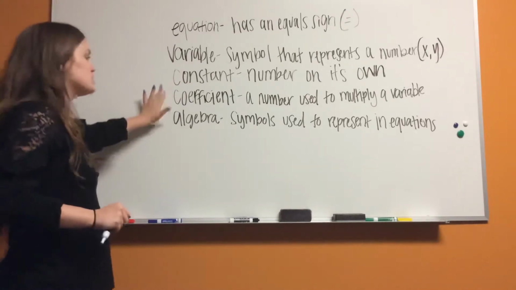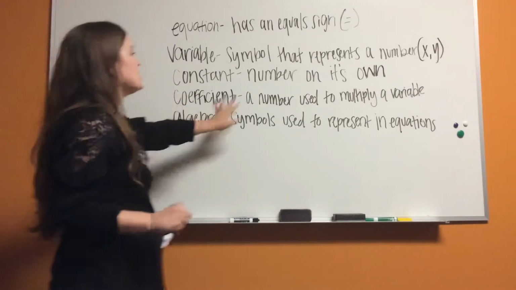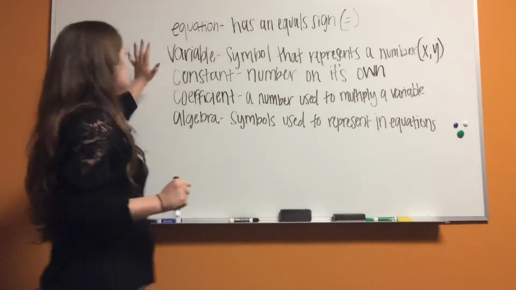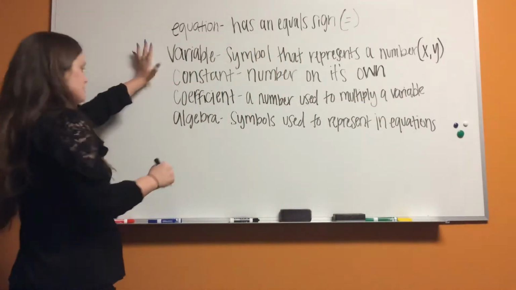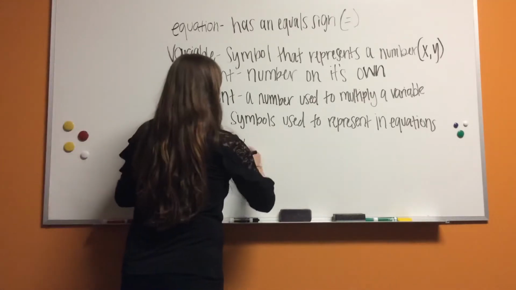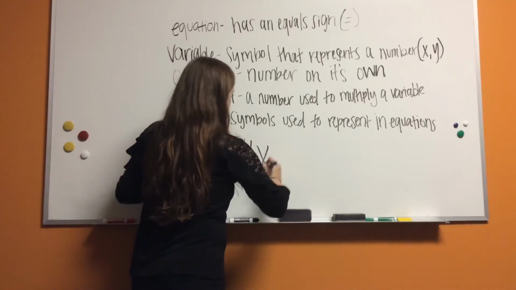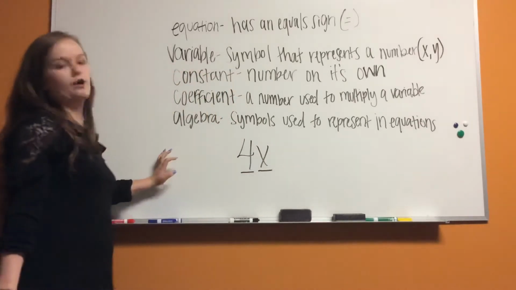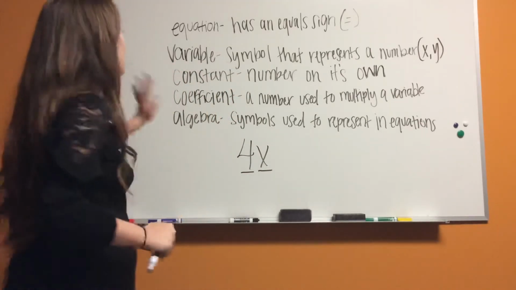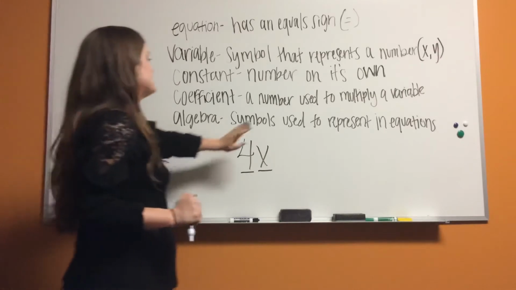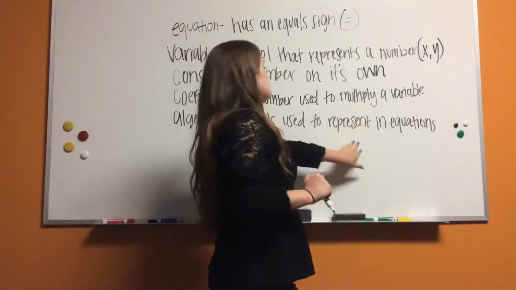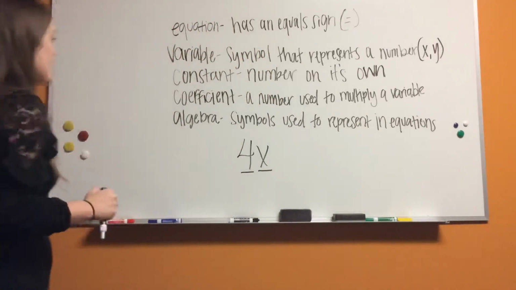So a coefficient, that's going to be a number used to multiply a variable. So you'll see it written like this. This is the constant, this is the variable, okay? An algebra is just an equation that has symbols used to represent numbers, okay?